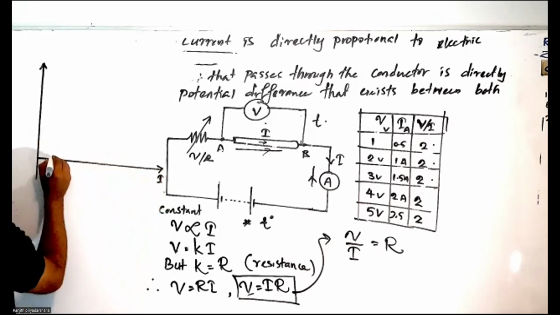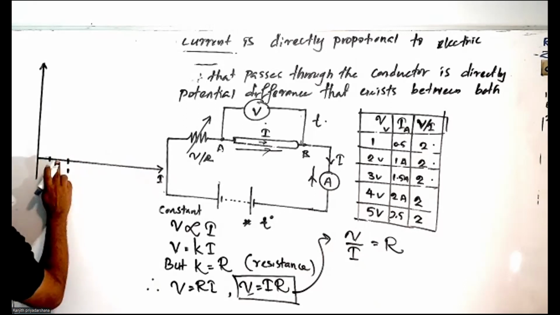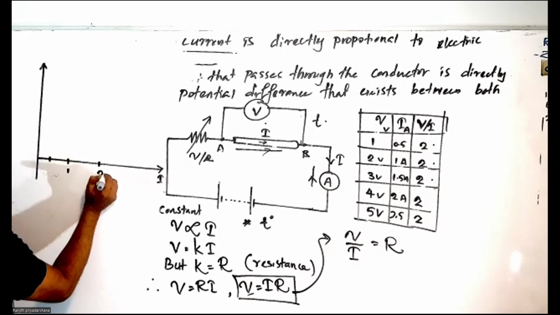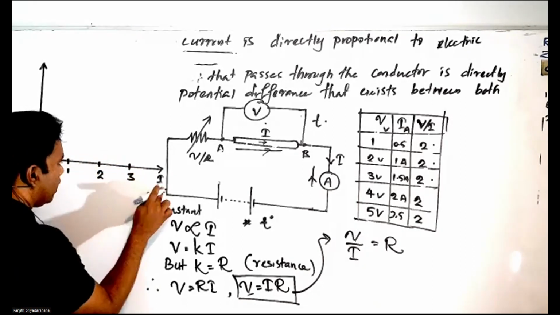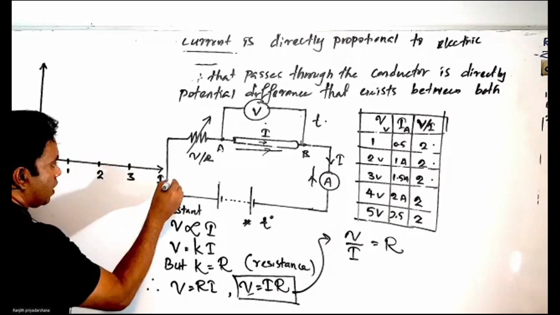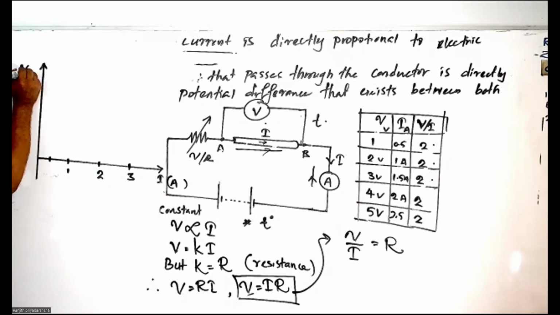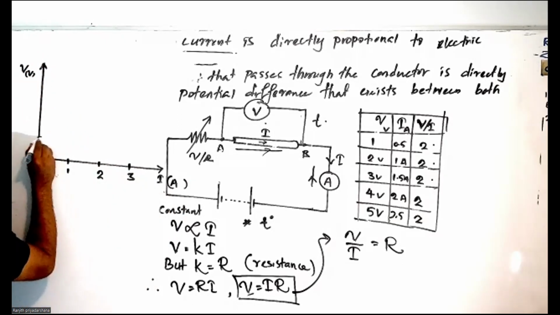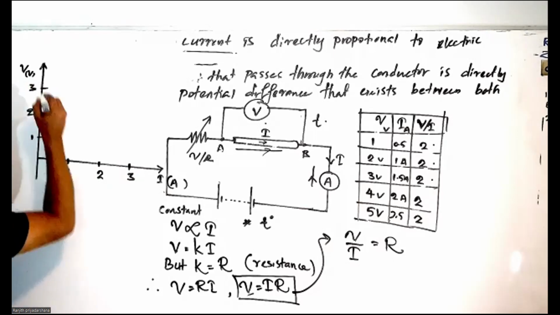I: 0.5, 1, 2, 3. So this I is measured with ampere. So the y-axis is the voltage. It's measured with volts. 1 volt, 2 volt, and 3 volt. That's enough.